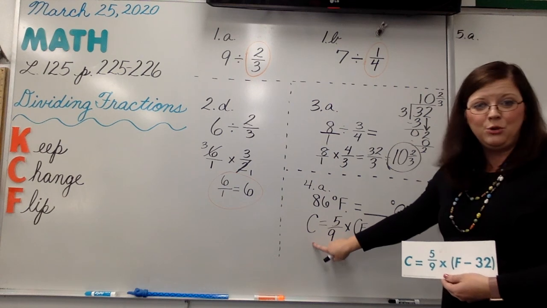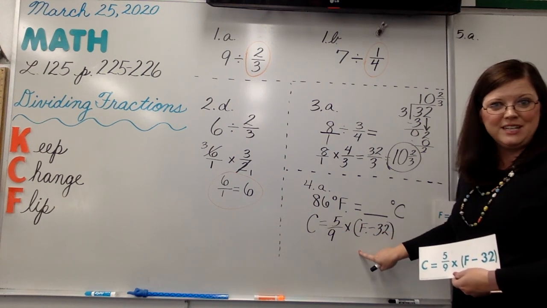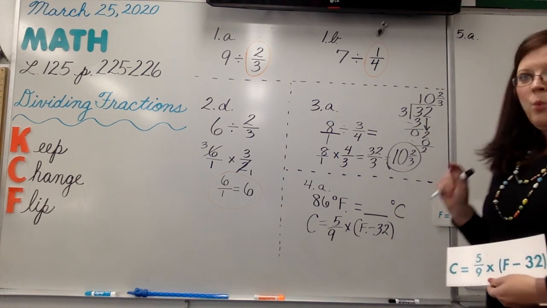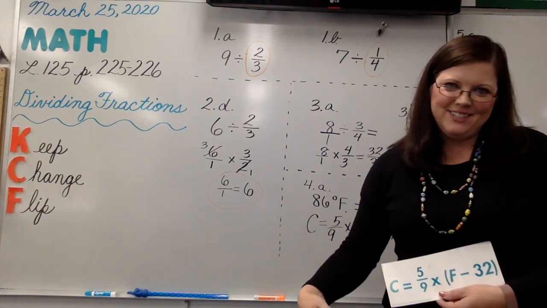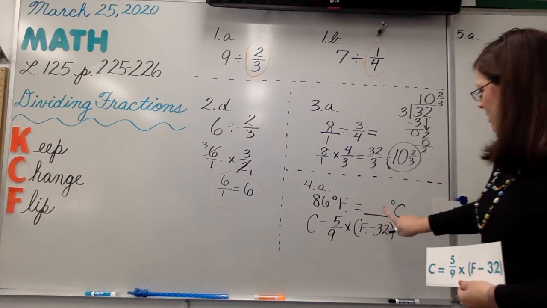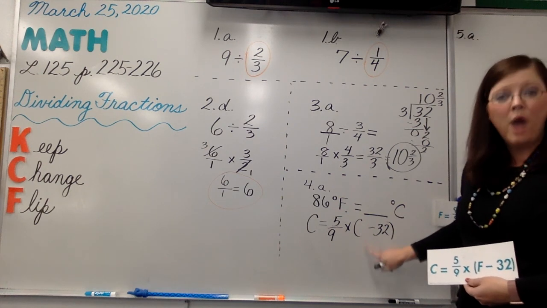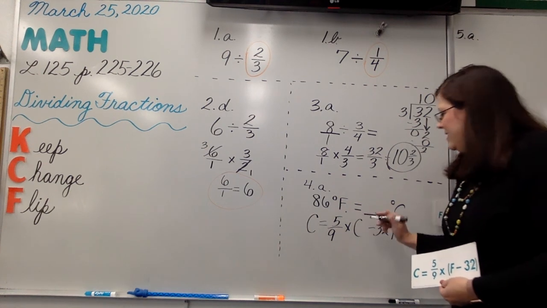So this is my little clue. If I'm looking for Celsius, I need to have the parentheses there. Now, what do I do next? I erase and replace. I erase the F and I replace it with what F is. F is 86.